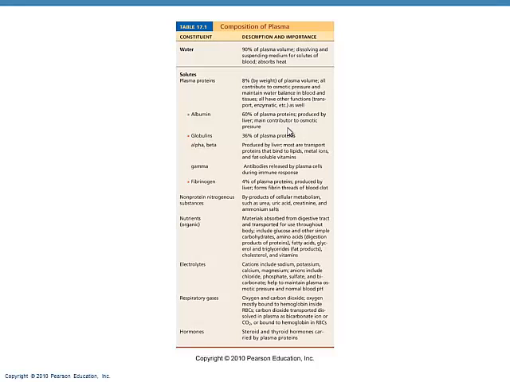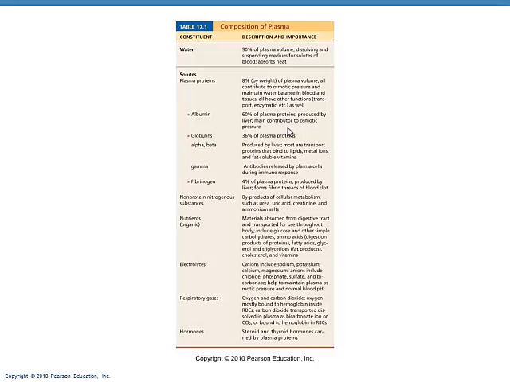We call these the solutes of plasma. Remember solute, solvent? These are the things dissolved in plasma. Plasma proteins like albumin, 60% of plasma proteins, are produced by the liver, and they help with osmotic balance, water balance.